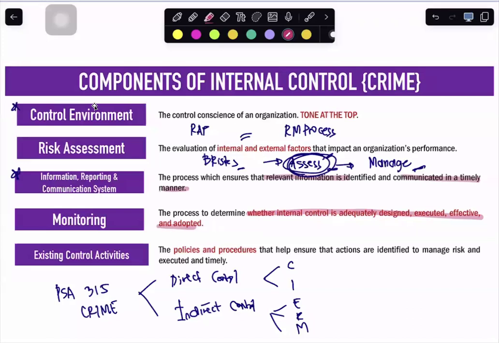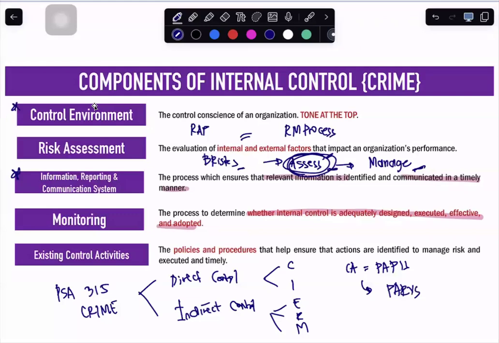Next, we have your existing control activities. These are the different policies and procedures that help ensure the actions are identified to manage risk and executed timely. Before, under control activities, we had PUPPIES, but now we only have PARVS.